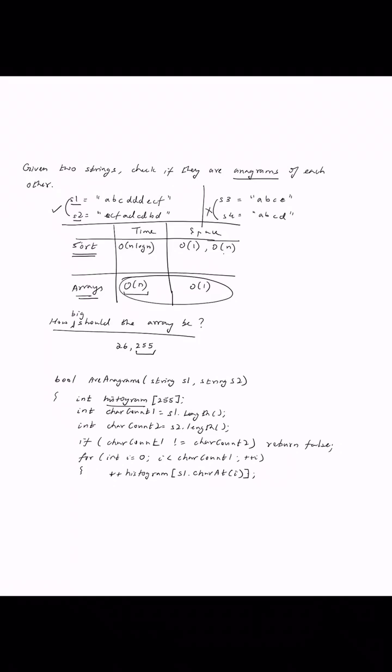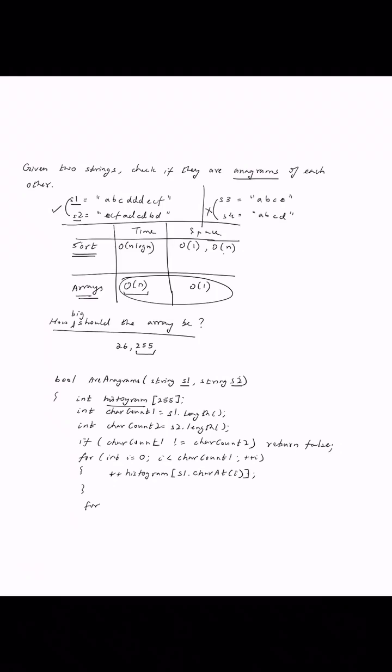So this is what I would do. By the end of this loop, I would have populated the histogram by scanning through the input S1. Now the next step is to scan through S2 and validate if the number of occurrences of the characters in S2 tally up with that in S1.